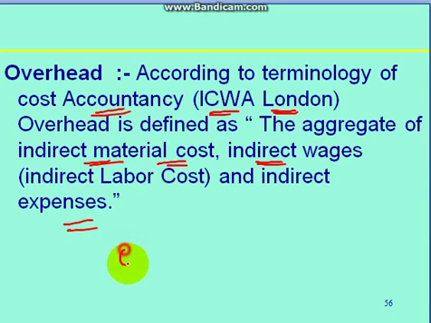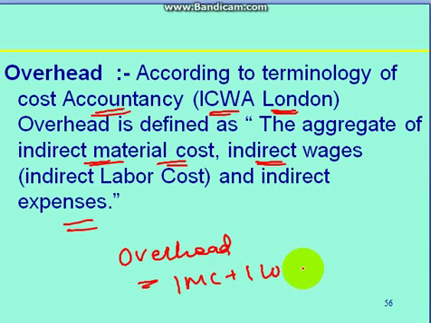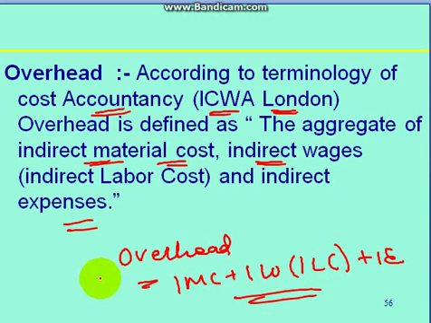So overhead is indirect material cost plus indirect wages, including the indirect labor cost, plus the indirect expenses. So this is nothing but the overheads.